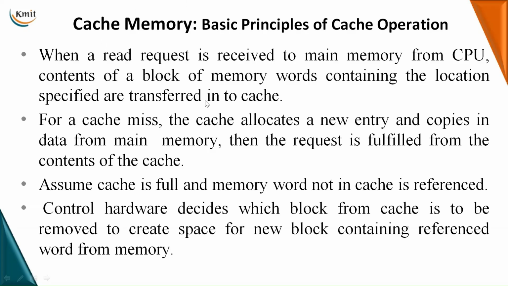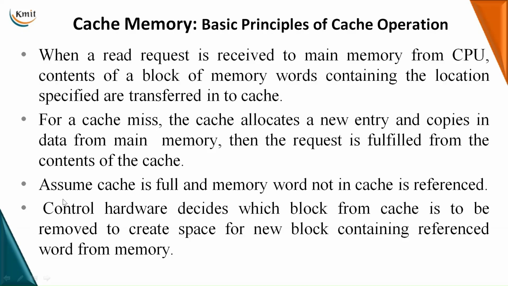Consider a situation in which the cache is full. There is a cache miss, the CPU has requested some word, but at that point of time that word is not available in the cache, so it has to be brought from the main memory and kept in the cache so that the CPU can access it. But the cache is full, there is no space available because the size of the cache is very small.